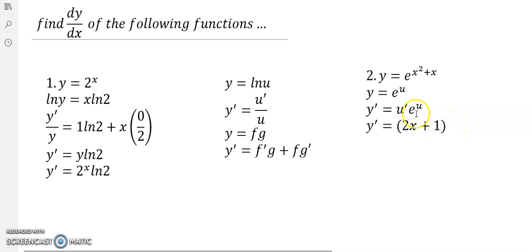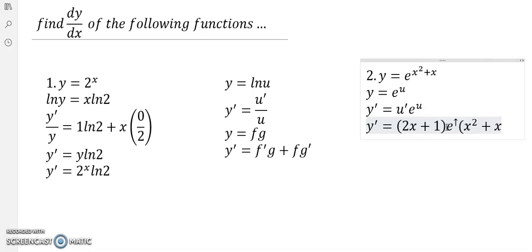However, u is x squared plus x, then we're gonna get e to the power x squared plus x, here just like that.